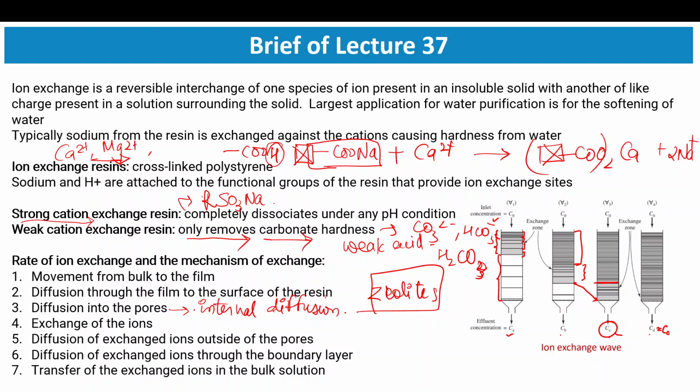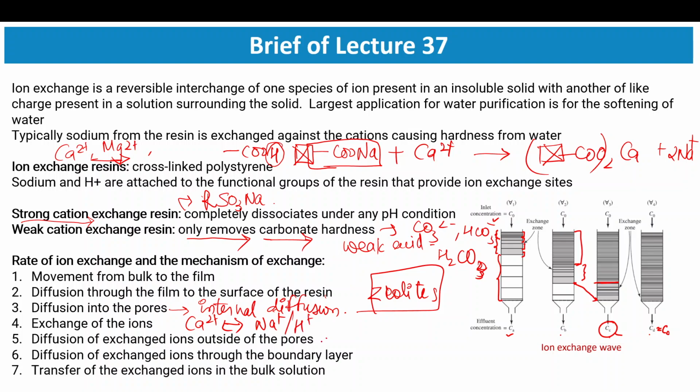Then once it reaches the site where the exchange happens, the fourth step will be the exchange of ions between the cation and the sodium ion which is present on the surface, and sometimes it could be H plus as well.